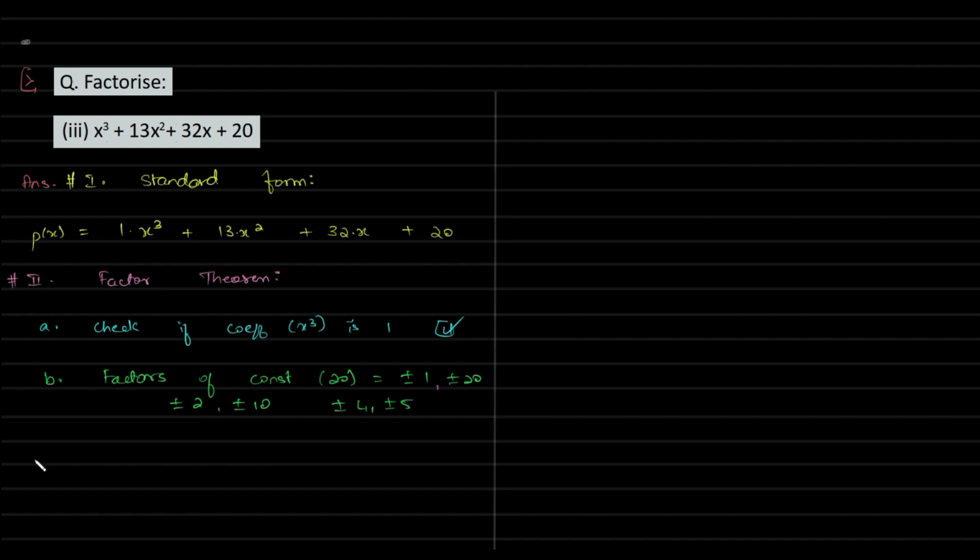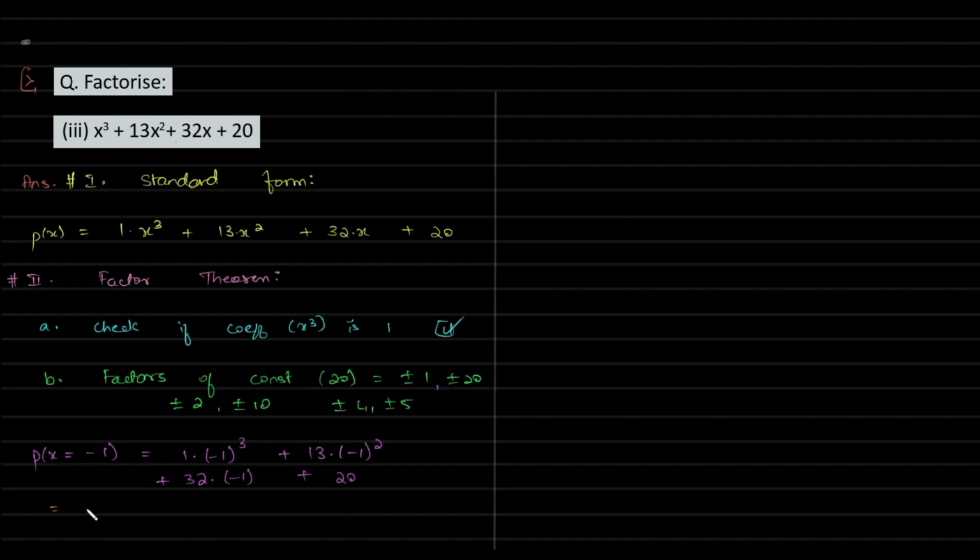Sounds good. So let's pick minus 1. Again, if you don't get the remainder as 0, that's okay. 13 into minus 1 the whole square. And that's why this is called trial and error, right? You're just trying. Plus 32 into minus 1 plus 20.